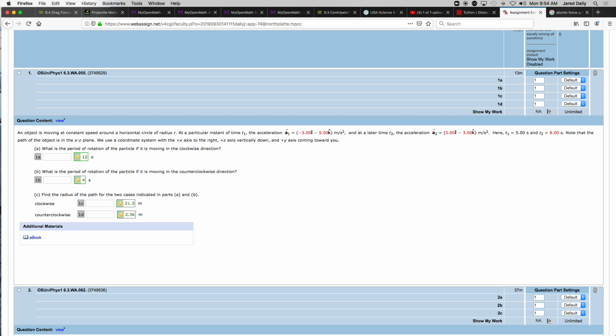Acceleration 2. Looking at number 1 again, trying to figure out why this is actually in this chapter. Which one?